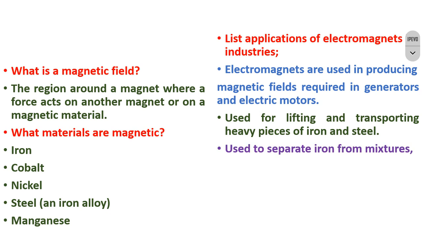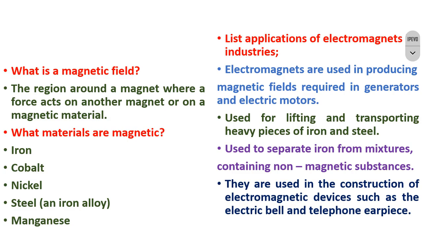They are used to separate iron from a mixture, especially those that contain non-magnetic substances. They are used in construction of electromagnetic devices such as electric bell and telephone earpiece.